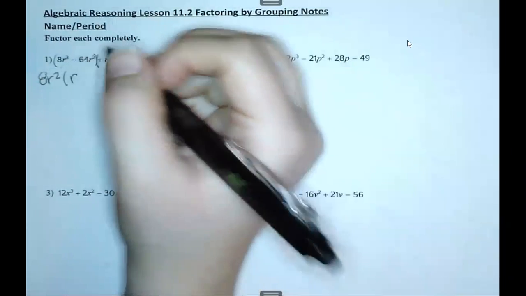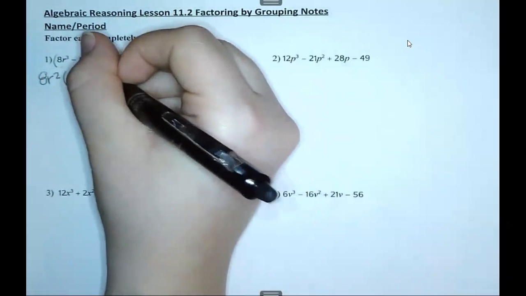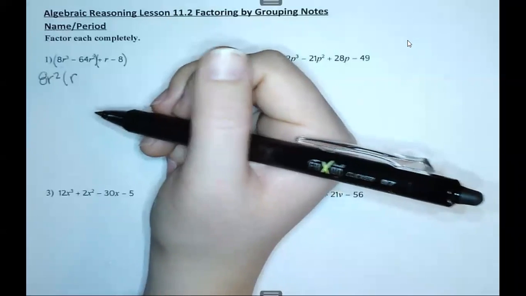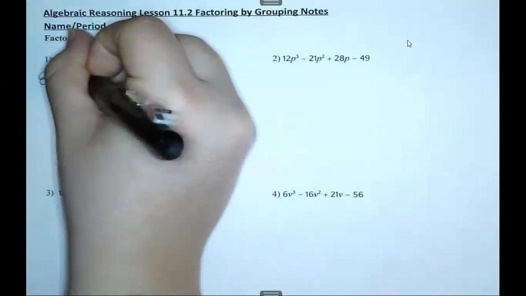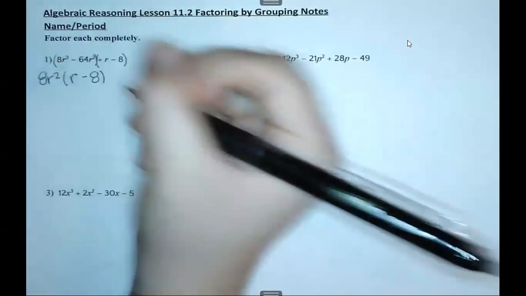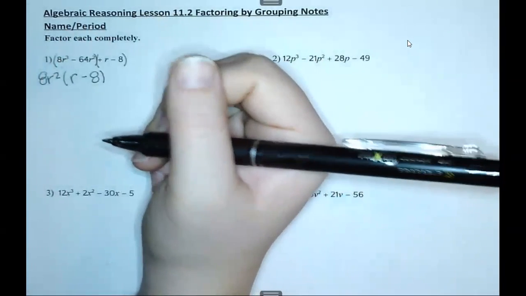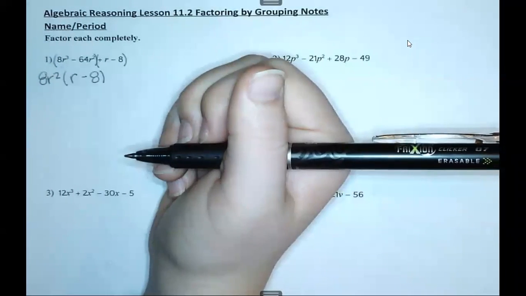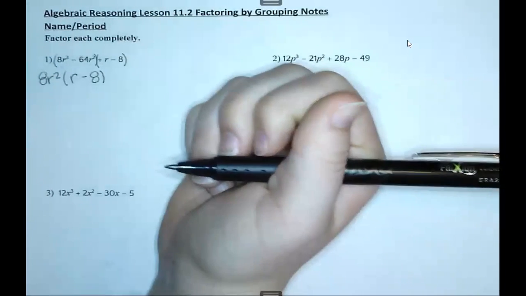Then we have negative 64 divided by 8, which is going to leave us with negative 8. And if we take an r squared out of r squared, there's no more r's left. So this is what we have.